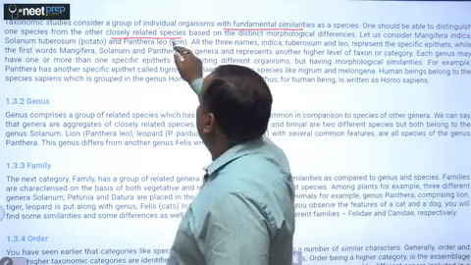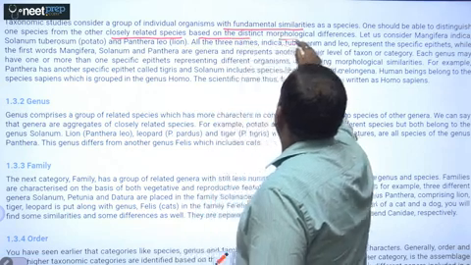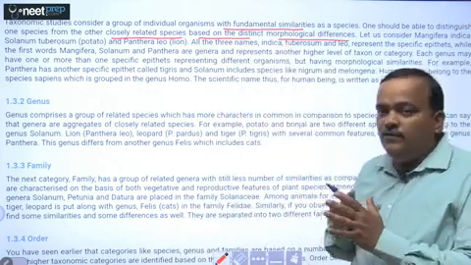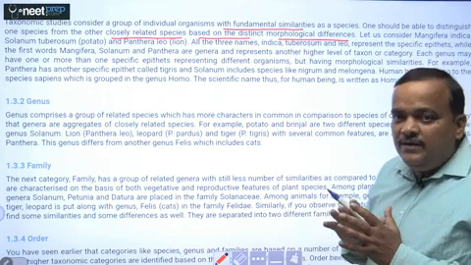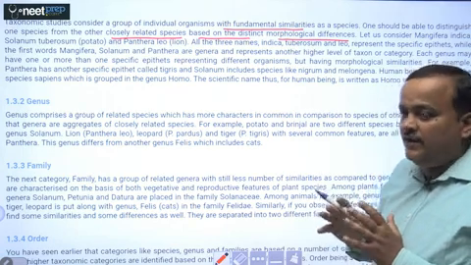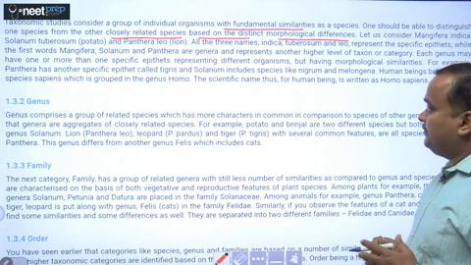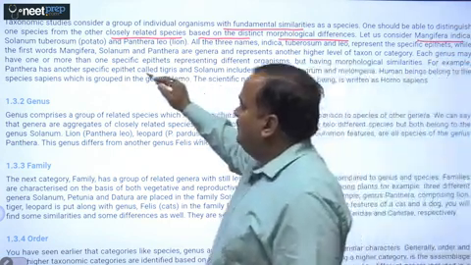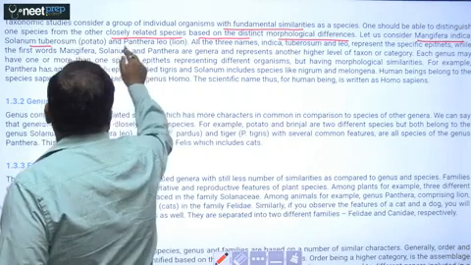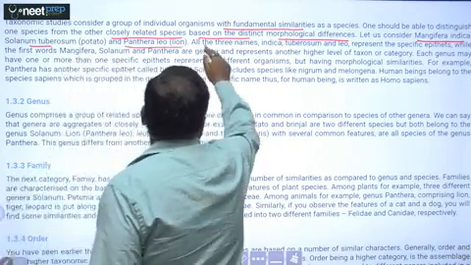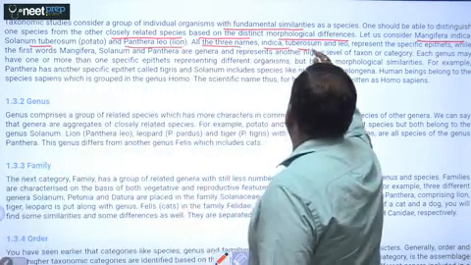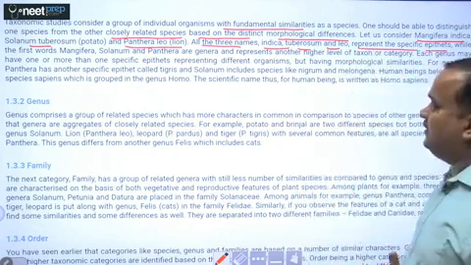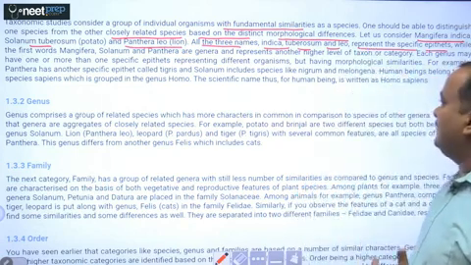One species is distinguished from other closely related species based on distinct morphological differences. That means if 2 species are closely related, when you observe the morphology of those 2 species, there will be distinction in their morphology. For example, Mangifera indica, Solanum tuberosum, potato, Panthera leo: all 3 names indica, tuberosum and leo represent the specific epithet, while the first words, that is Mangifera, Solanum and Panthera, are genera.